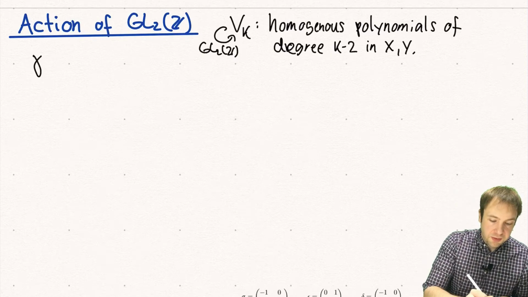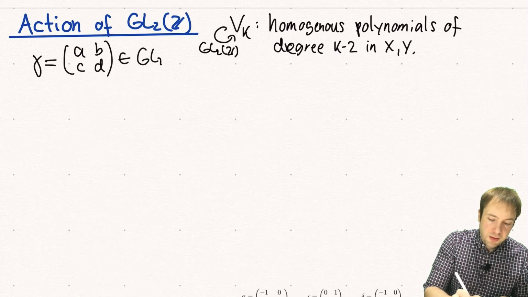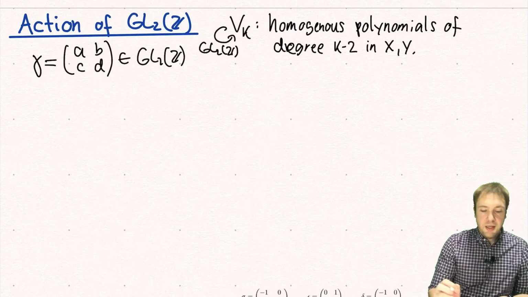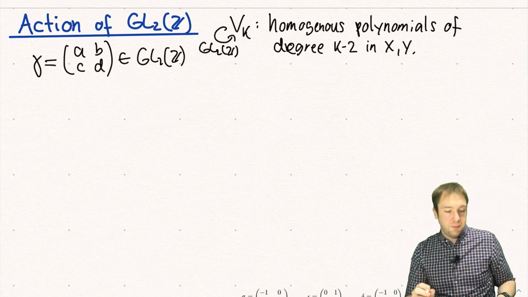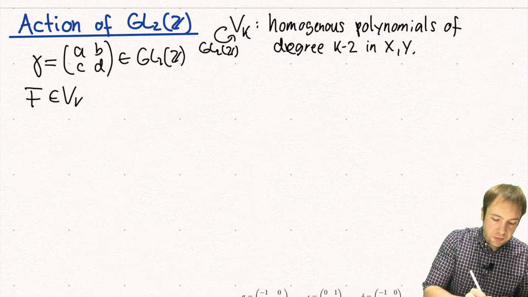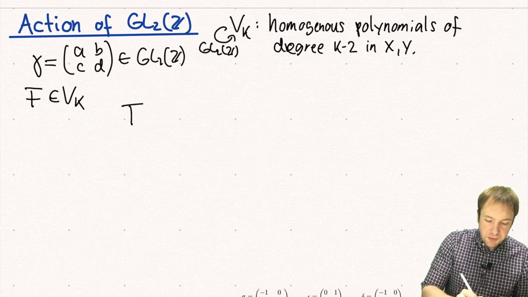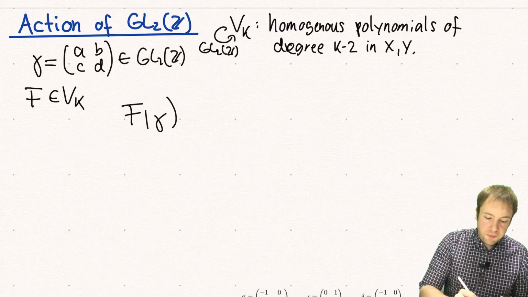So if I consider an element in GL2Z, a 2 by 2 matrix (a, b, c, d), so this is a 2 by 2 matrix with integer entries and determinant plus or minus 1. And then let's say I have an element f in this Vk, so a homogeneous polynomial of degree k minus 2. Then I want to say what I mean by this gamma acting on f.